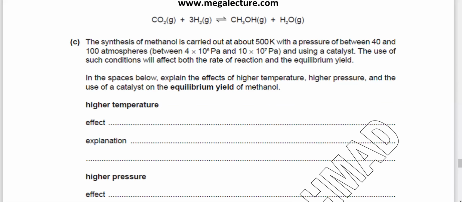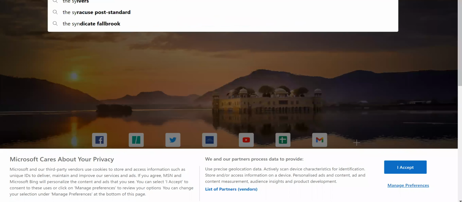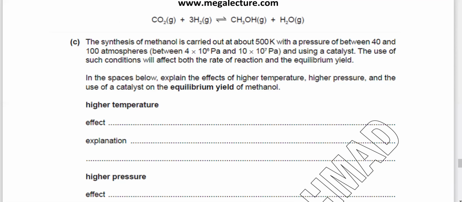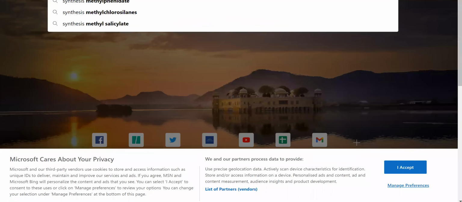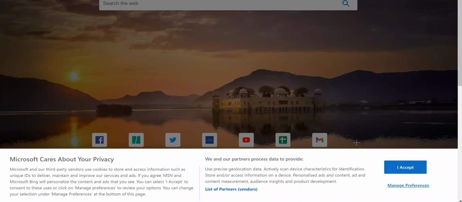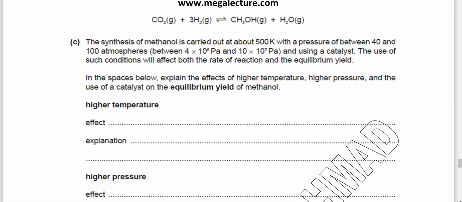Let me Google this. It must be given. The synthesis of methanol is carried out at about 500 Kelvins.